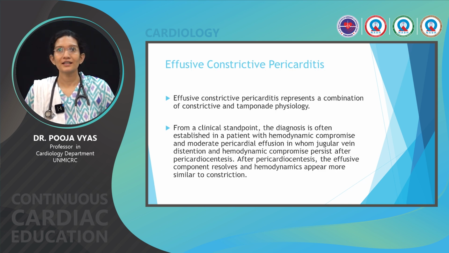Effusive constrictive pericarditis is a combination of effusive and constrictive physiology, and this diagnosis is often established when hemodynamic compromise and moderate pericardial effusion with jugular distension persist even after pericardiocentesis. After pericardiocentesis, the effusive component will resolve and hemodynamics will appear more similar to constriction in cases of effusive constrictive pericarditis.